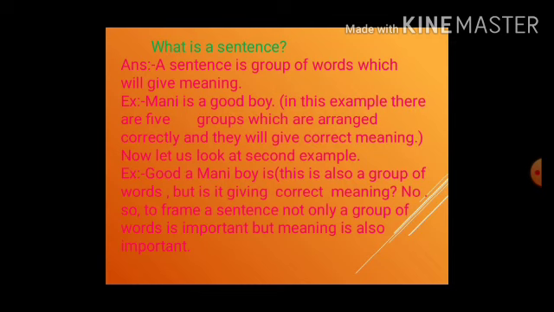It means that to frame any sentence, there is a need for a group of words, and that group of words should give a correct meaning.